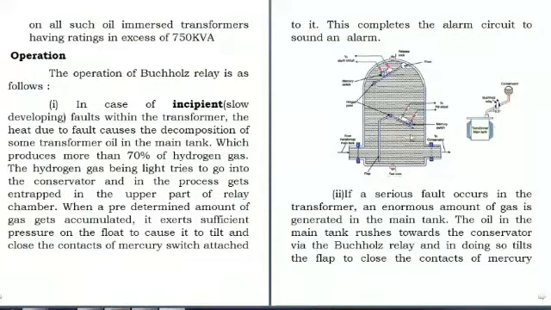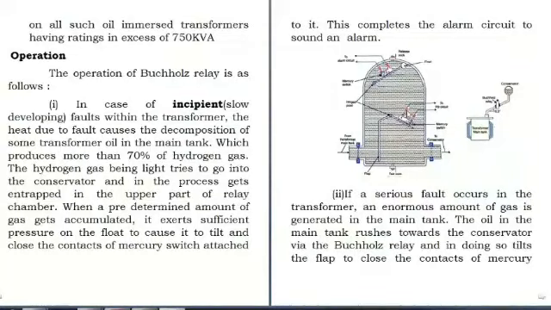This is the float in the Buchholz relay. This is the mercury switch. The mercury switch is moving. If there is gas, it tilts the float by some angle, so it is possible to close the contactors. Because inside this glass tube, there is mercury filled.